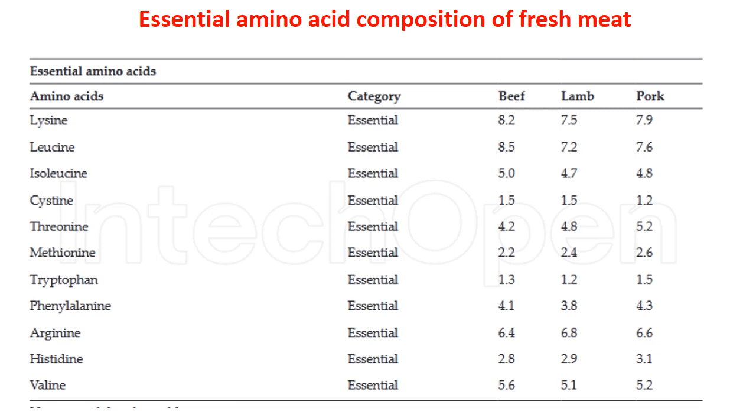Arginine, around 6.4 to 6.8%. Histidine, around 2.8 to 3%, and valine around 5 to 5.6%. So these are the 9 essential amino acids in all the three most common red meats, and they are very optimally distributed in all these red meats. That's why red meat is very important in terms of quality of protein.